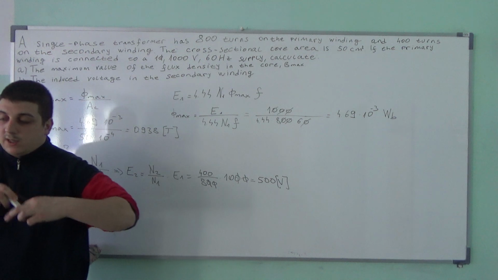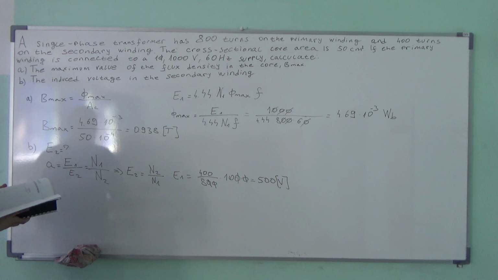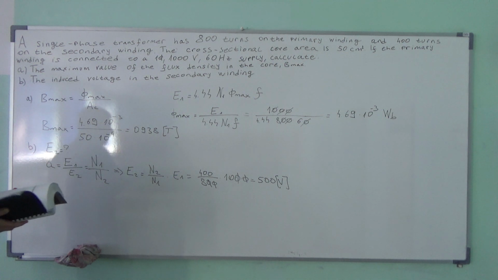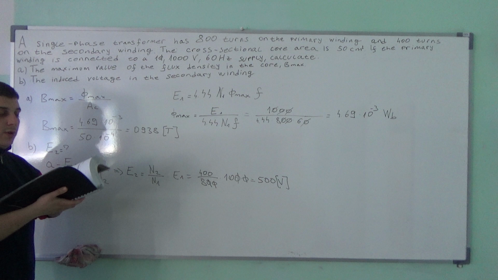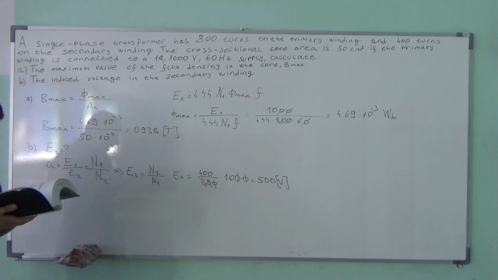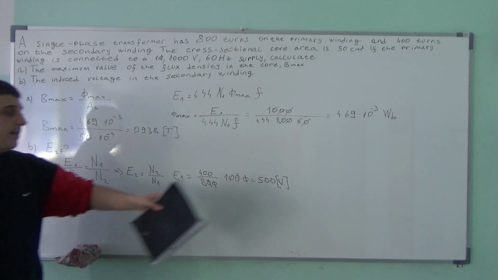Let me just see the answers if this is okay. I get 0.934 Teslas, but that is pretty much close. So this is okay. And the induced voltage on the secondary side is 500 volts.